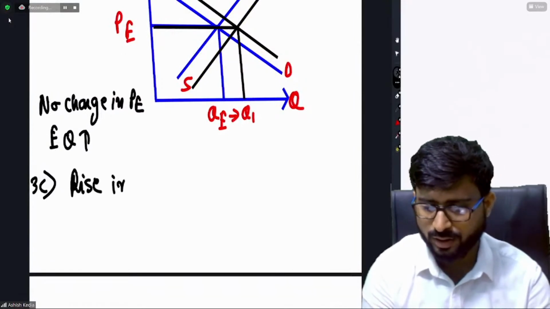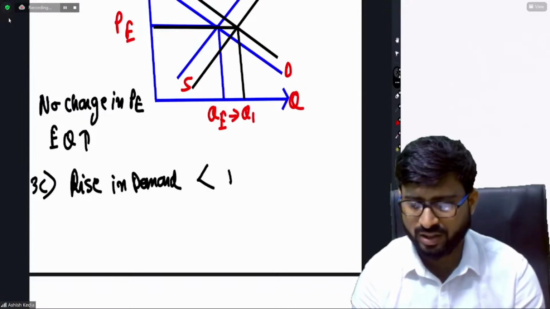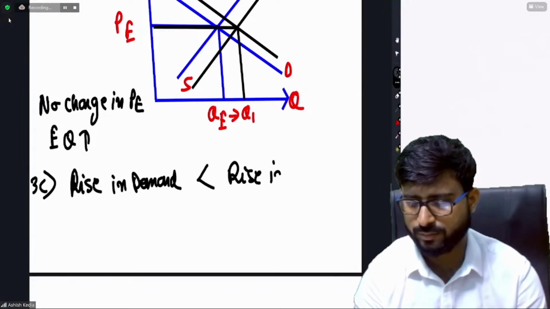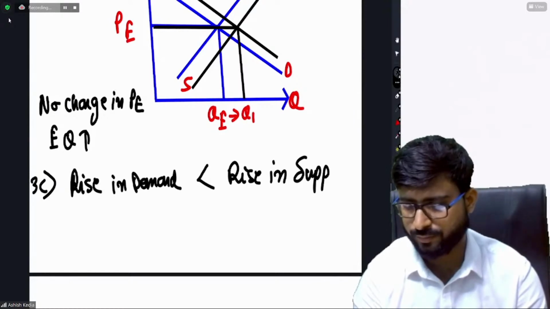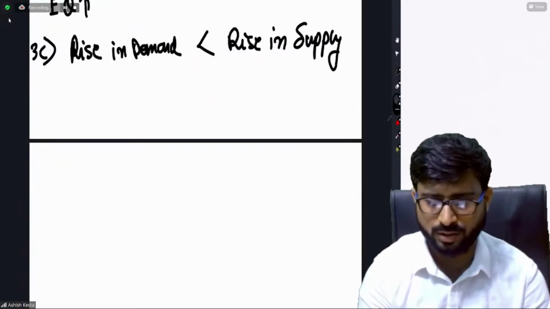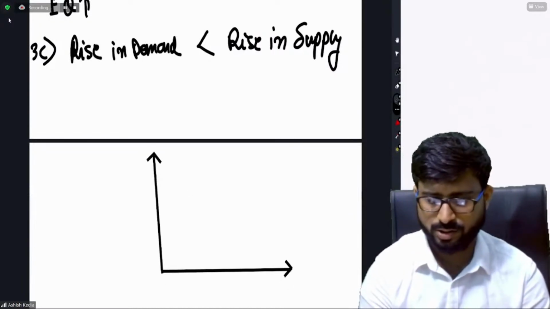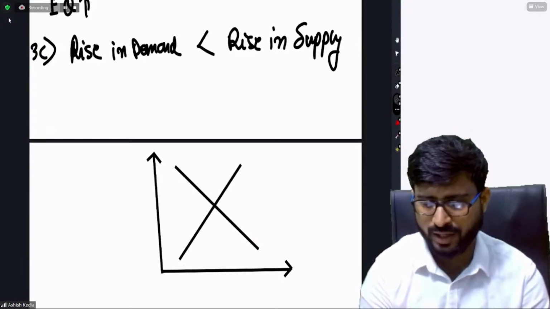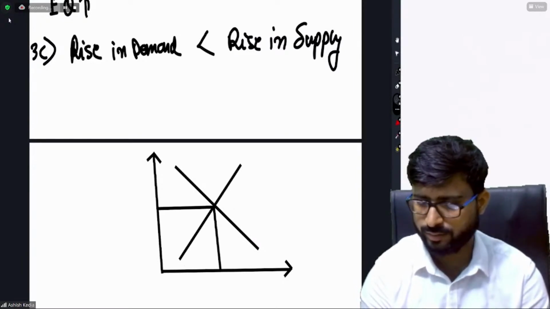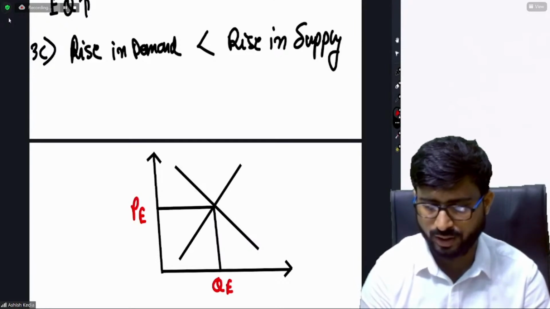Where we see there is rise in demand, but less than rise in supply. So let's take this for example, pay attention, everyone. Demand, supply, equilibrium price, equilibrium quantity.